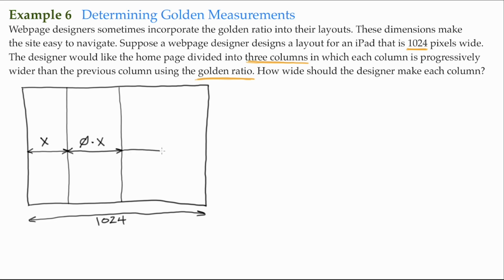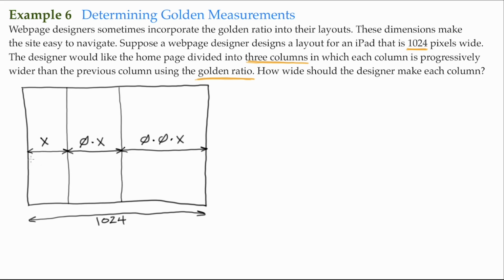Then we have this column, and the width of this column is this column multiplied by phi. What is this column? Phi times X. So I'm going to have phi times phi times X. Don't forget that anything multiplied by itself, we can square it. So this can be written as phi squared.